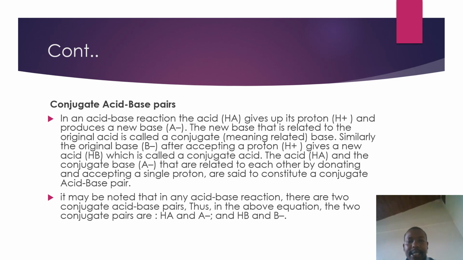The acid and the conjugate base that are related to each other by donating and accepting a single proton are said to constitute a conjugate acid-base pair. It may be noted that in any acid-base reaction, there are two conjugate acid-base pairs. Thus, in the above equation, the two conjugate pairs are HA and A, and HB and B.